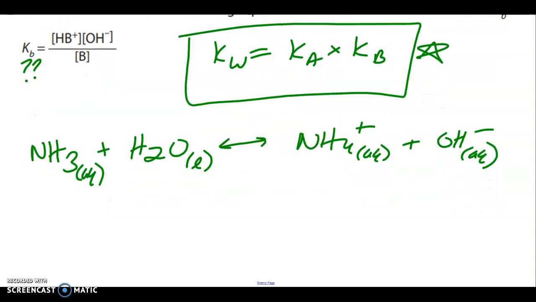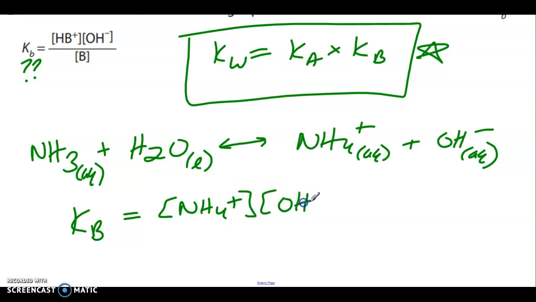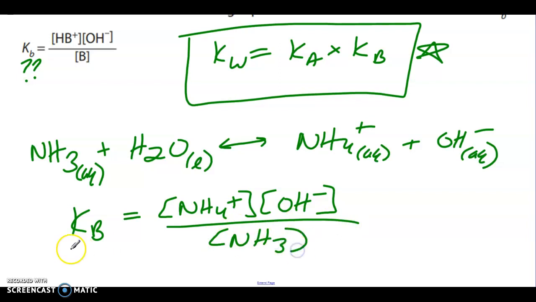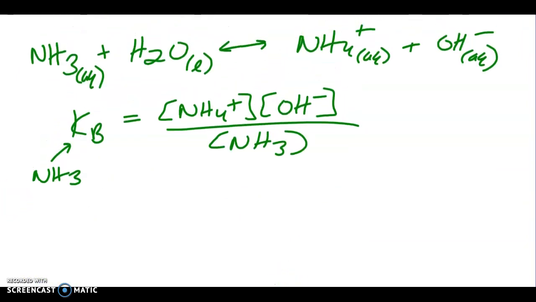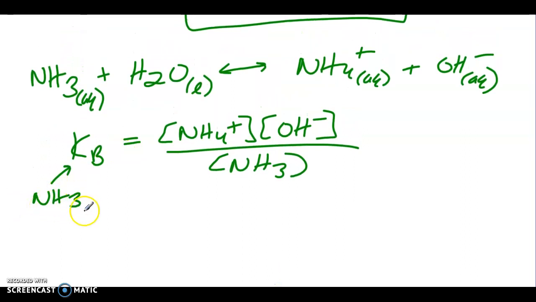So we know that if I were to set up a Kb expression here, it's going to be ammonium times hydroxide over ammonia, correct? So this would be the Kb for NH3, the actual weak base. Well, the Kb value for NH3 is not available in your data tables.